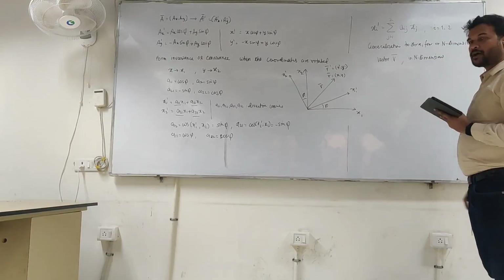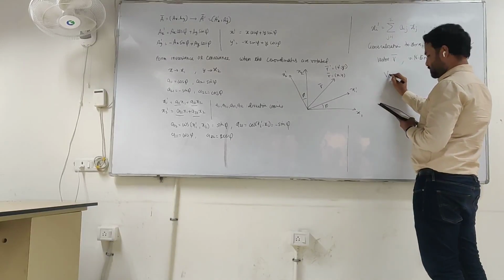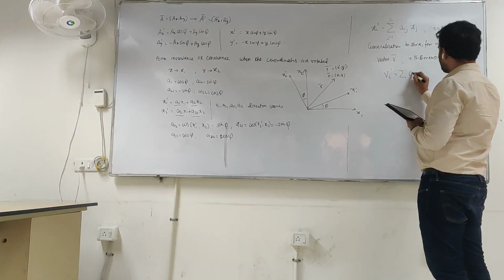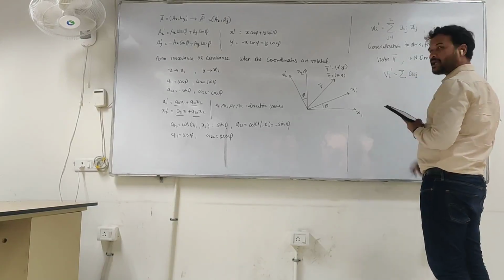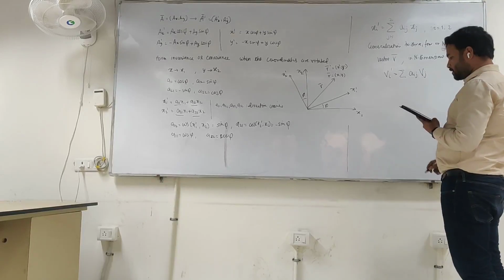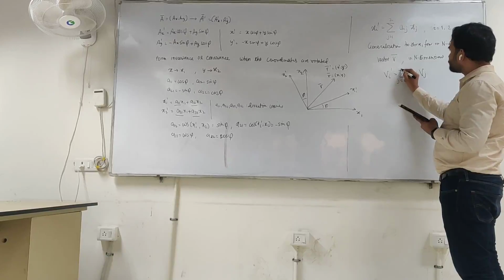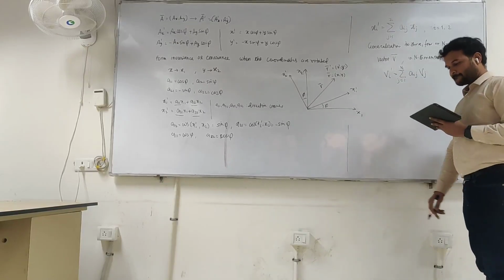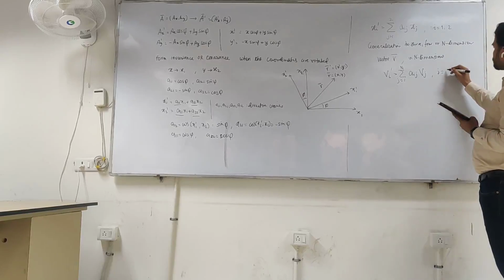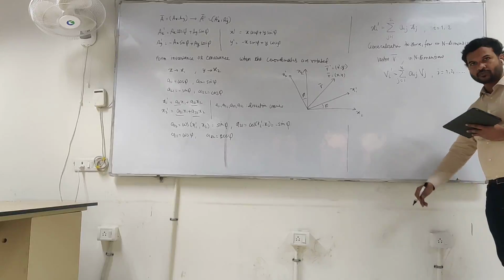It will be a vector if it satisfies the transformation equations, which again have the cosines aij and vj. The only difference is you are summing j from 1 to n, where your i goes from 1 to n.